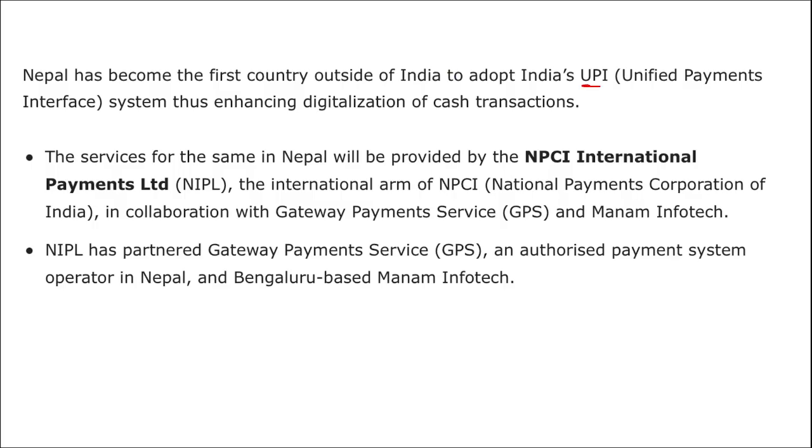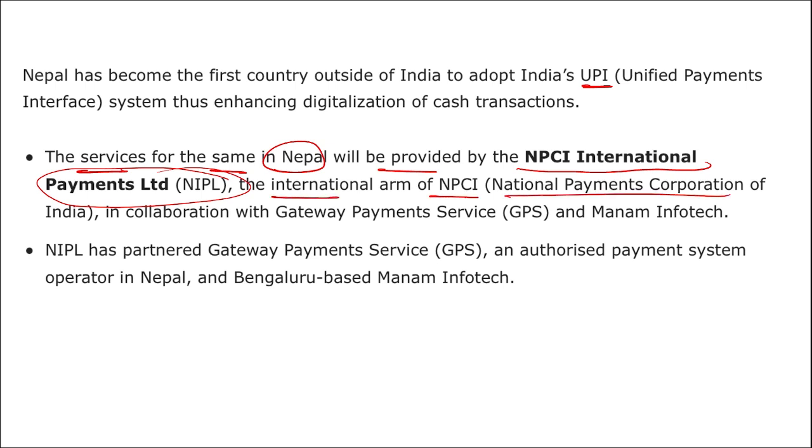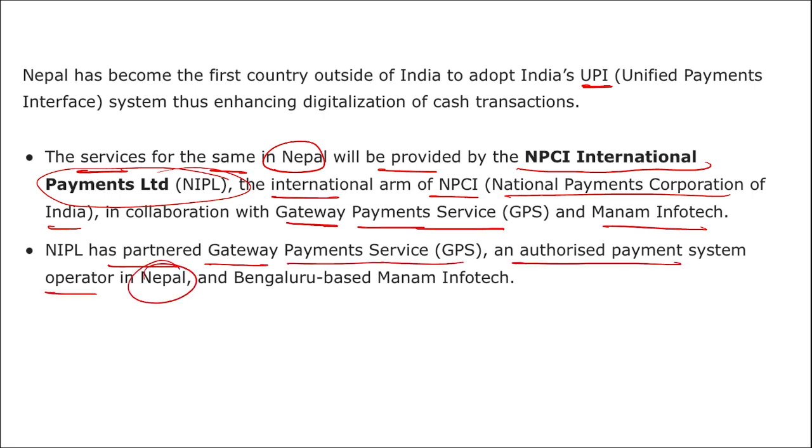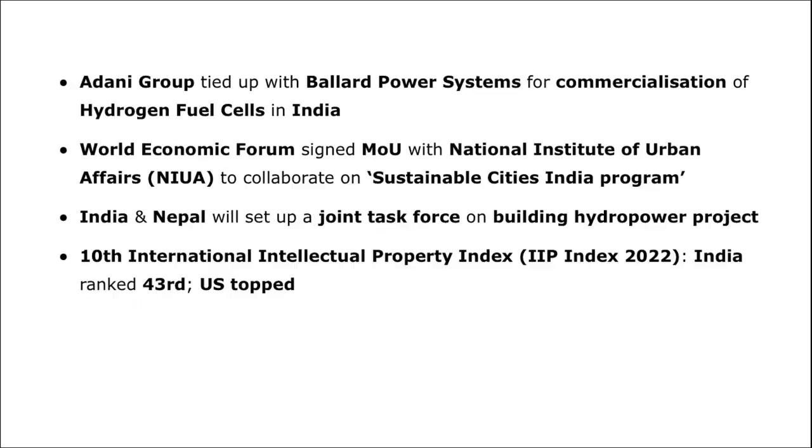That is the full form of UPI, you should know. The service for the same in Nepal will be provided by NPCI International Payments Limited, the international arm of National Payment Corporation of India, in collaboration with Gateway Payment Services and Manam Infotech. NIPL has partnered with Gateway Payment Services, an authorized payment system operator in Nepal, and Bangalore based Manam Infotech.